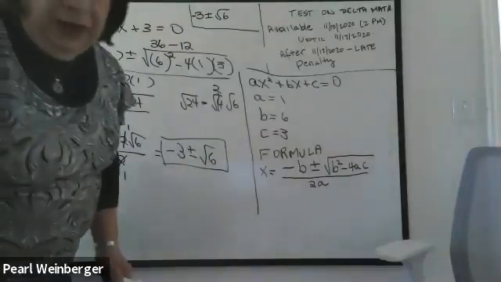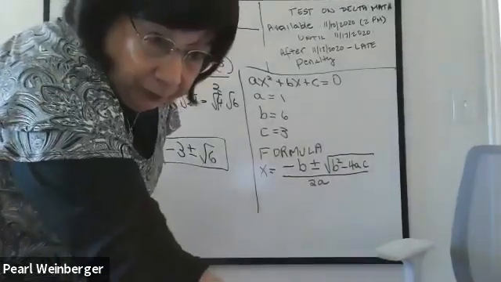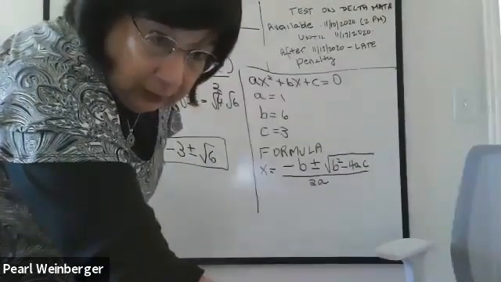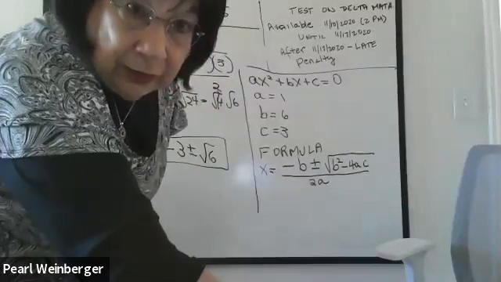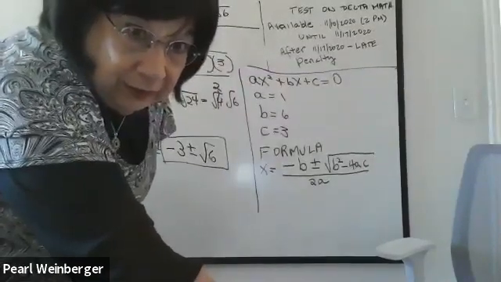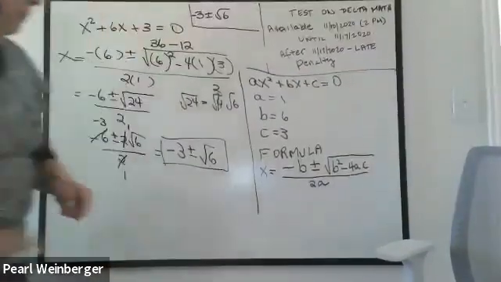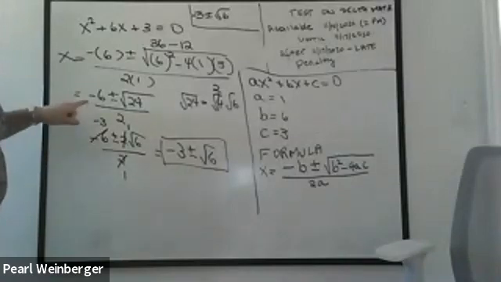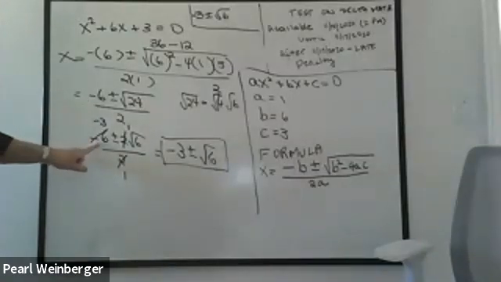Just by the chat, how many people got that answer? Anybody got that answer? Okay, Teresa, great. If you came up with this answer, this is not simplified enough. Even this is not simplified enough.